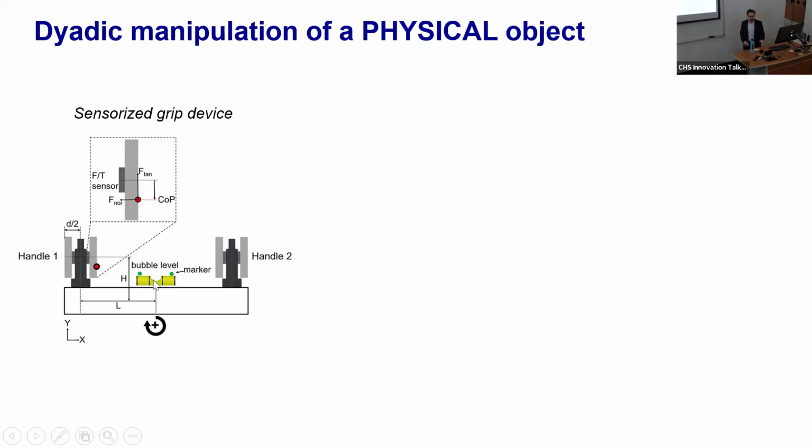But the task is relatively simple. Imagine you and I are grasping this object together. There is a bubble level, and the task goal is to keep the object as level as possible. So if you see that the object is tilting, I should react to that tilt and try to correct for it, hoping that the other person is not going to do the same. And so there's kind of a dialogue as you lift and hold.